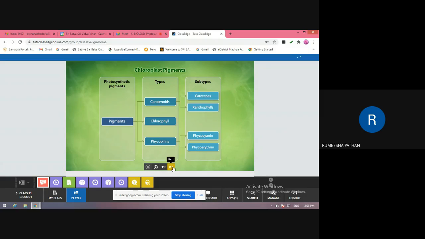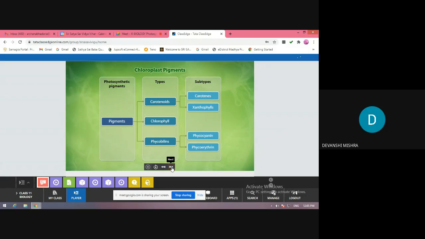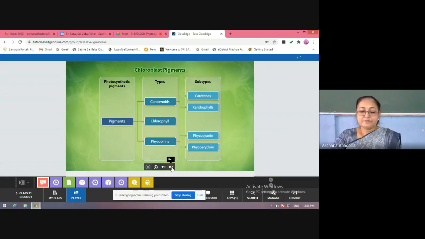Ma'am, wait. Okay. So as you finish, just tell me so that I can take up the next slide. Everyone noting very nicely, neatly, systematically. Yes, ma'am. Done, ma'am.